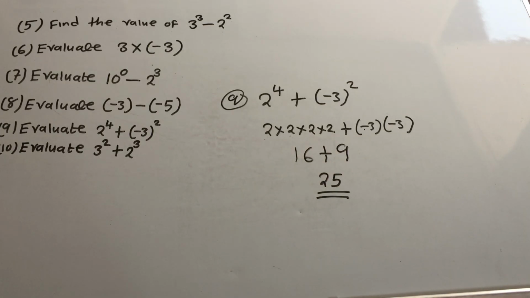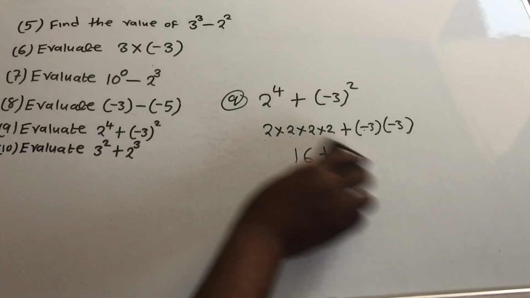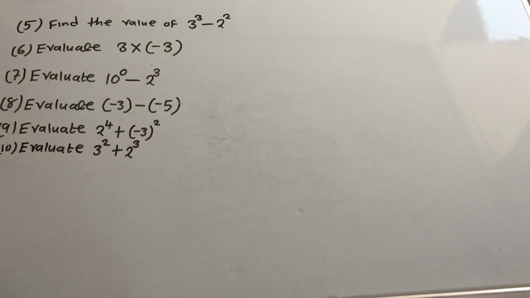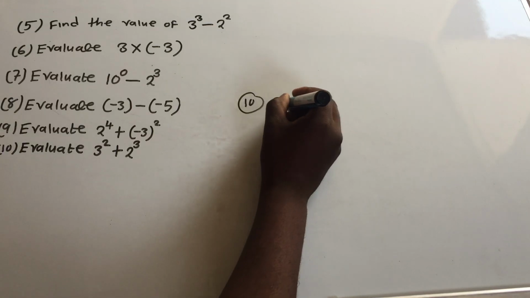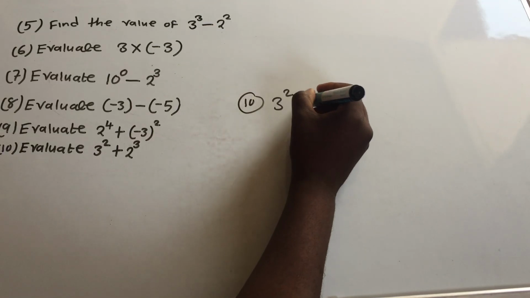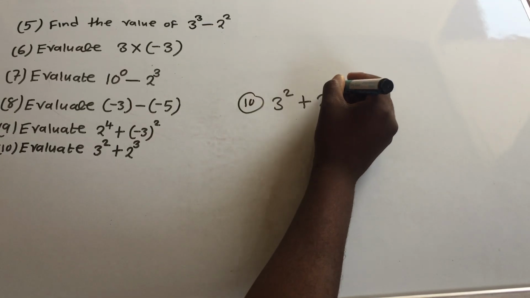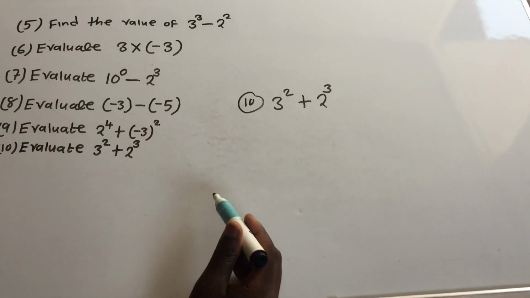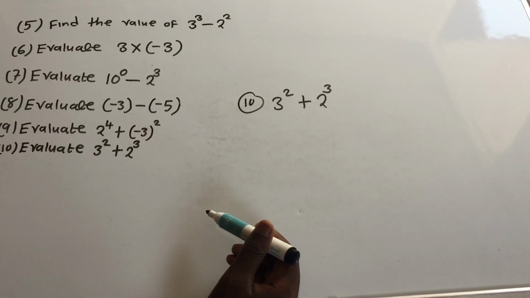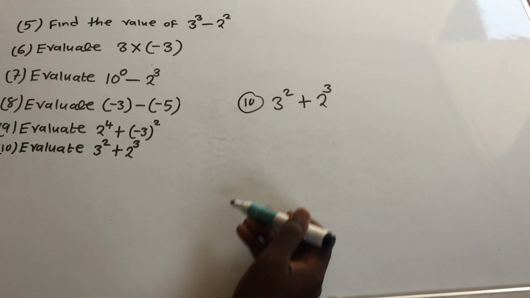We come to the last question, which is question 10. Question 10 reads as, evaluate 3 to the power 2 plus 2 to the power 3. 3 to the power 2 means multiply 3 how many times? 2 times.